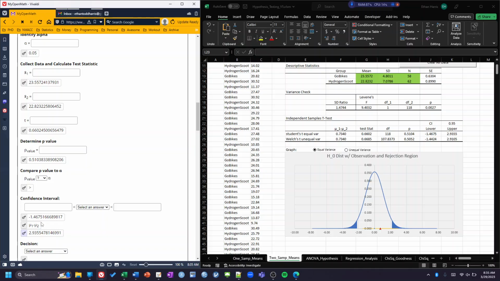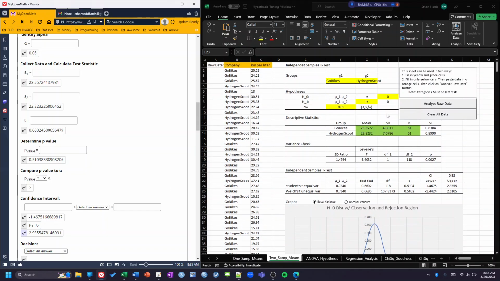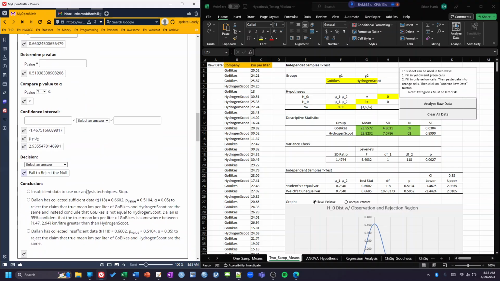Now, if we go back up, our null hypothesis was 0. Our null hypothesis lands inside of this confidence interval. So that's another way that we can say that where we think the true difference in means actually is, the null hypothesis lands in there. So our data really doesn't suggest that we can reject it, so we have to fail to reject it.